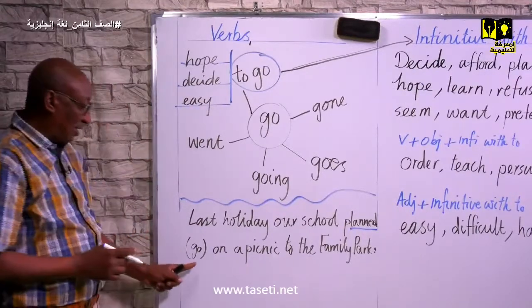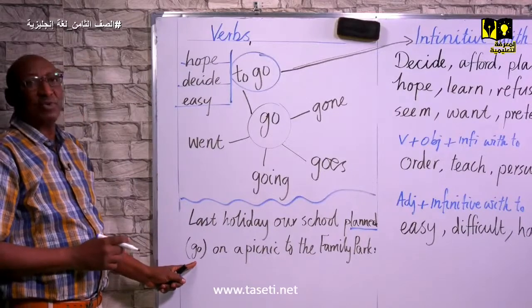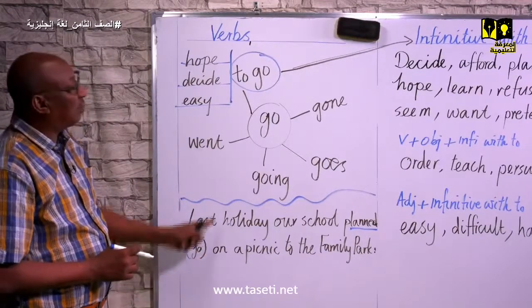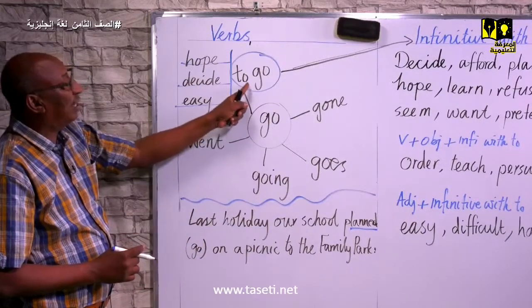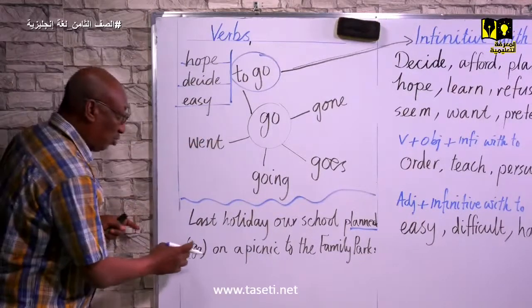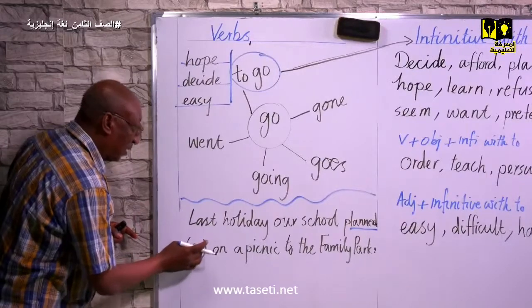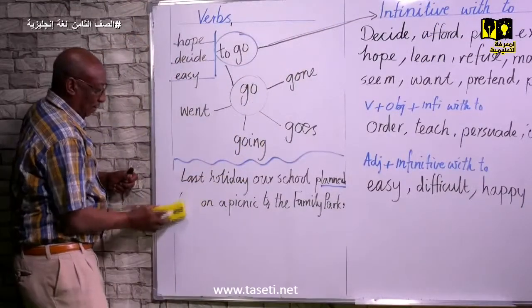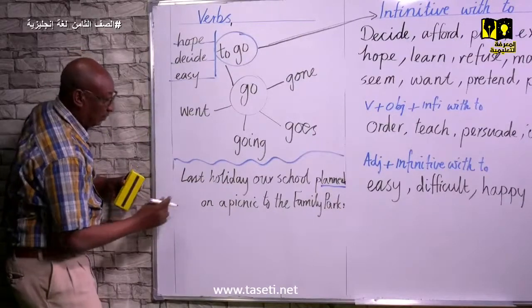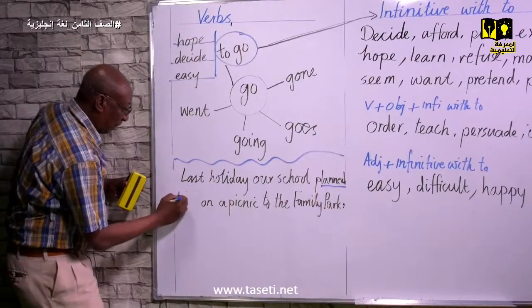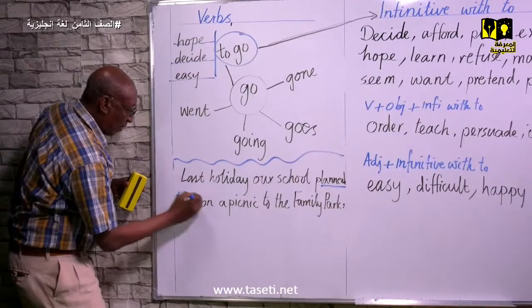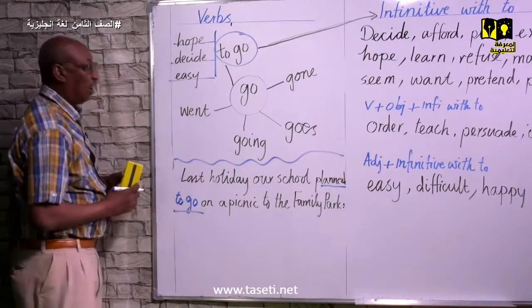So the verb in brackets, which is go, we need to change it into infinitive with to. How can we do it? We say plan to go on a picnic, right?